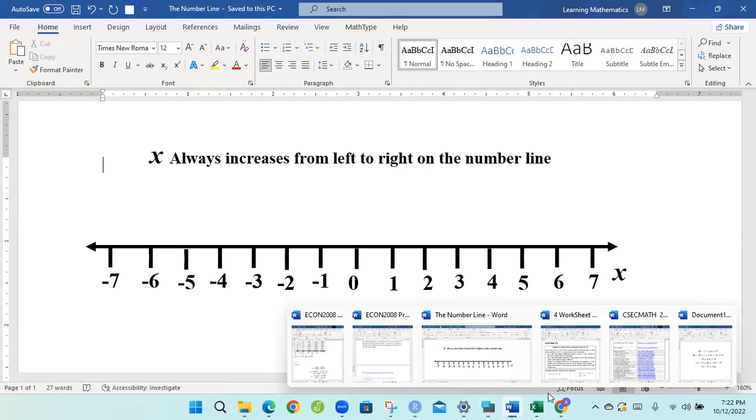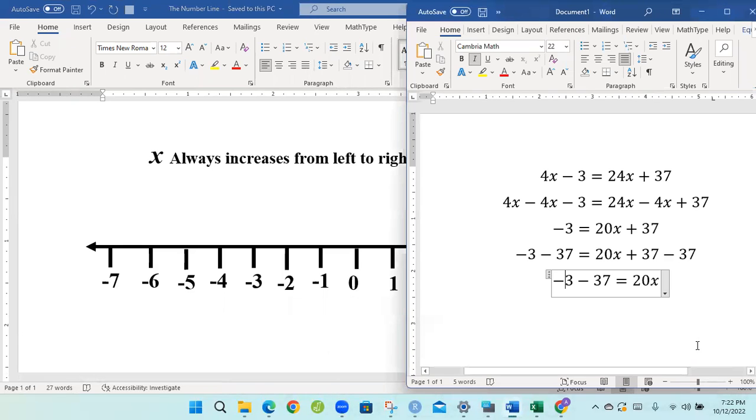So therefore now, if you look at negative 3, that's towards the left side of 0, and a negative 37, that's another one towards the left side of 0. So 3 units towards the left side of 0 and 37 towards the left side of 0.